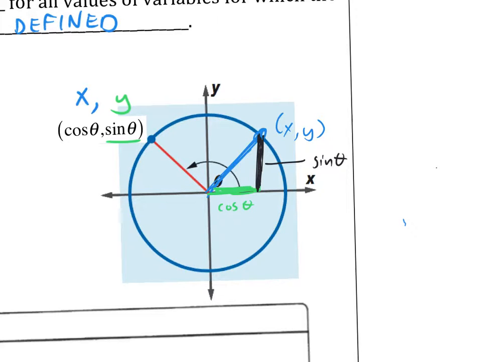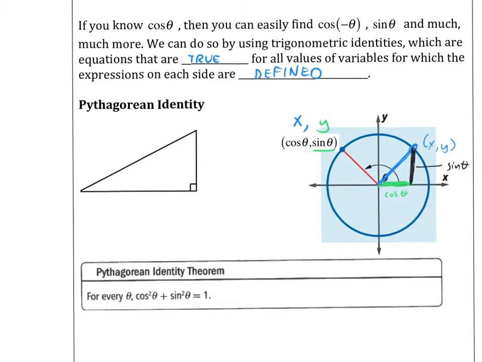So looking at it as the triangle in a triangle, if this here is my theta, then this length right here is the cosine of theta because it represents the x coordinate of that point that's over there. And then this one has to be the sine of theta.